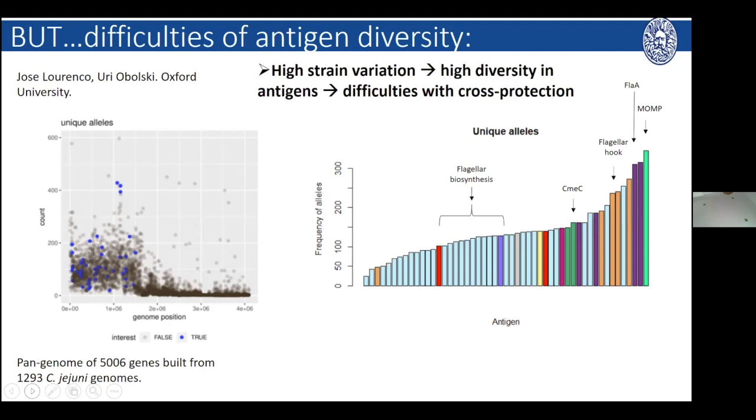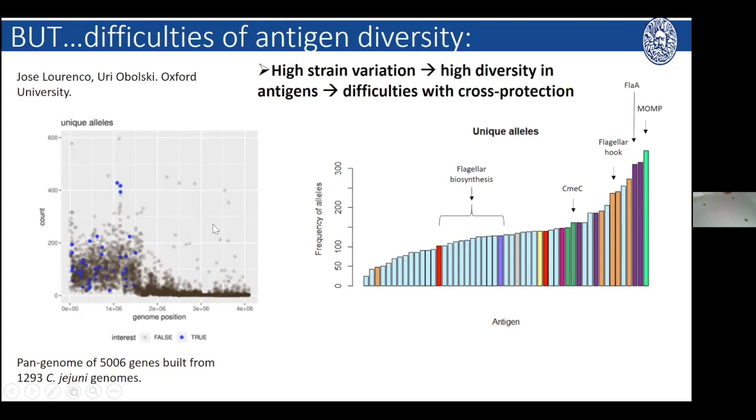So we built a huge pangenome with over 1,000 chicken-associated genomes. If you look at the graph on the left, the blue points are the antigens that we found in the literature. As you can see, these antigens that have previously been used are the most variable out of all of the genes.